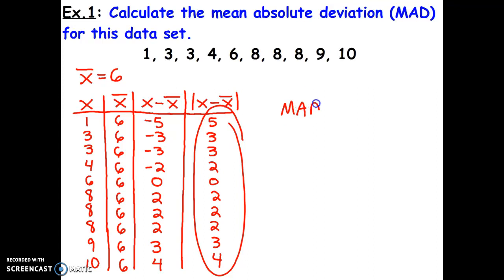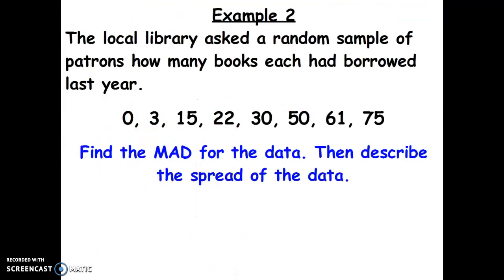So our MAD equals 2.6. And it's as simple as that. So the best thing for you to do is just always set up a table that will help you to calculate your MAD.